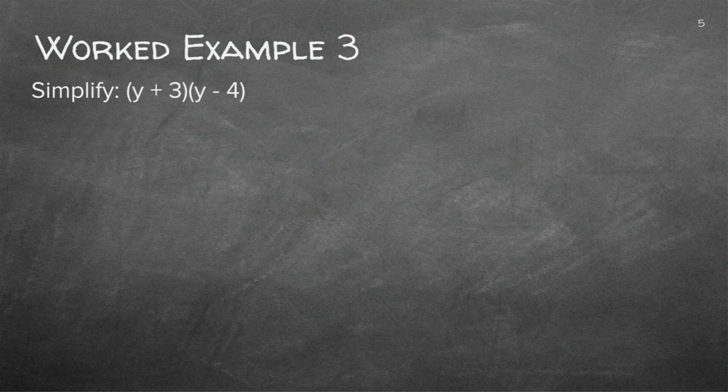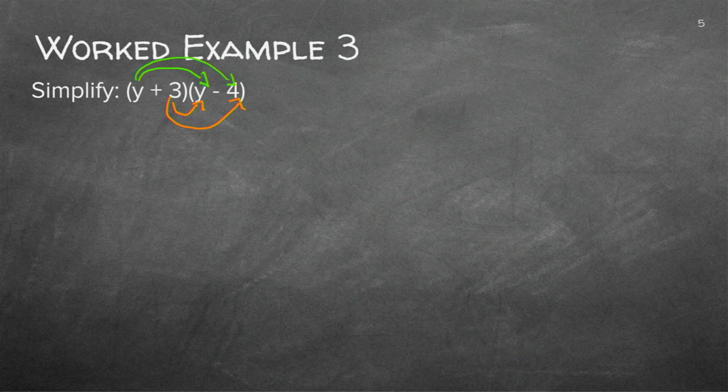So I have y multiplied by that y there, and I have to multiply y again with -4. But then I have to repeat the same process. So it means I need to multiply 3 and y, and also multiply again 3 and -4. Now let's do it, guys.